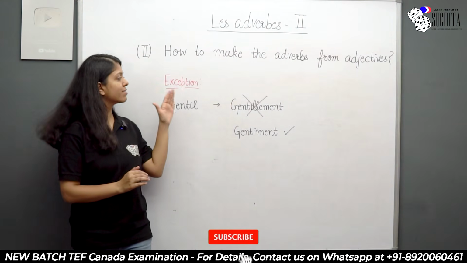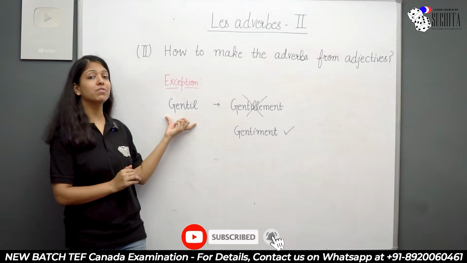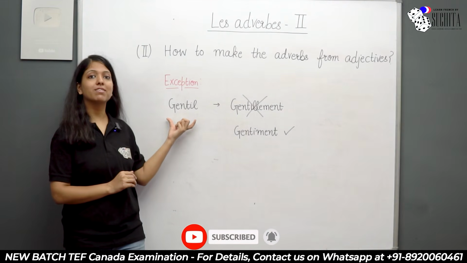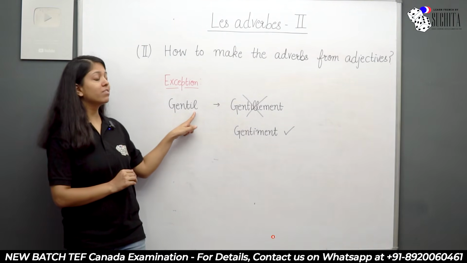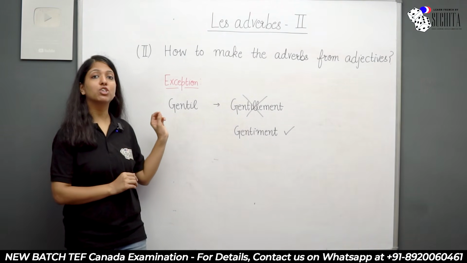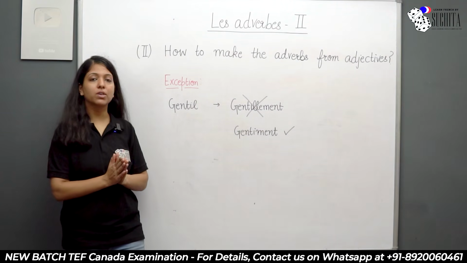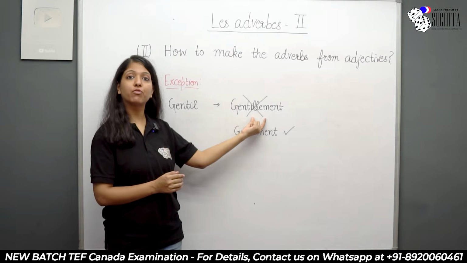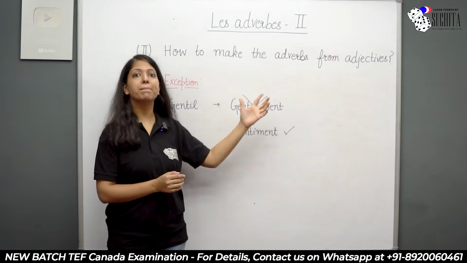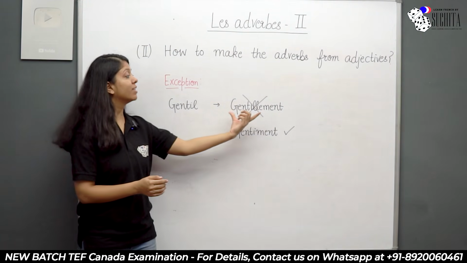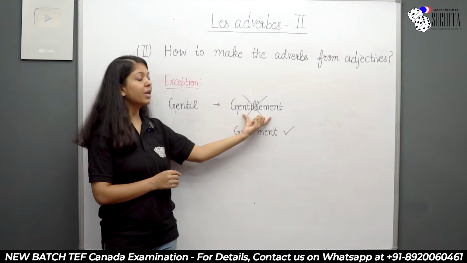So here I have written an exception in front of you, and the adjective is gentil. Gentil, that's an adjective. Now, this adjective ends with L, which is a consonant. As per the rule, if the adjective ends with a consonant, you need to make its feminine first and then add ment to it. So as per the rule, this should have been the adverb.